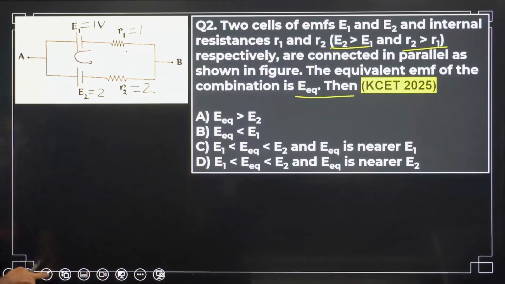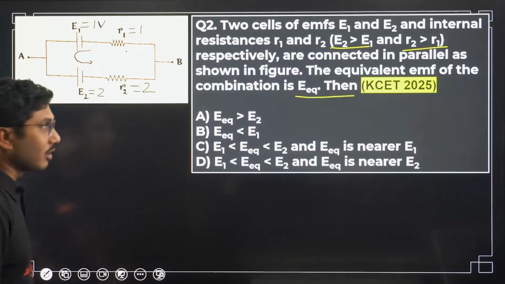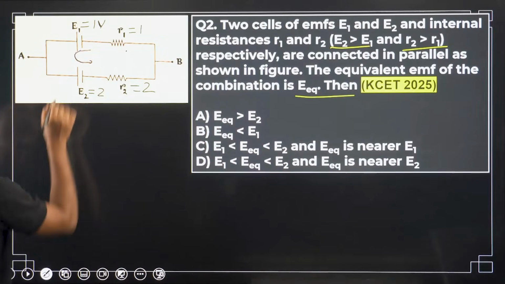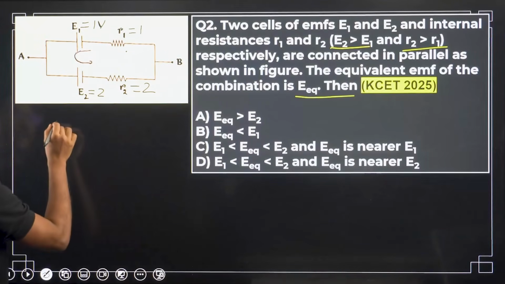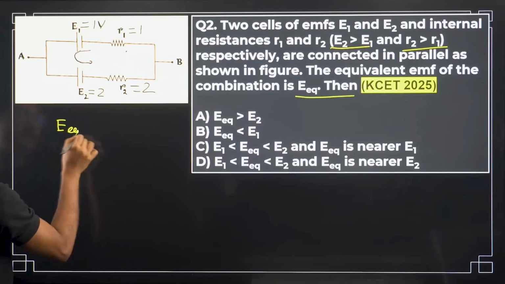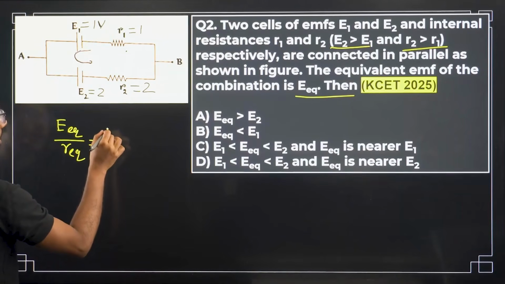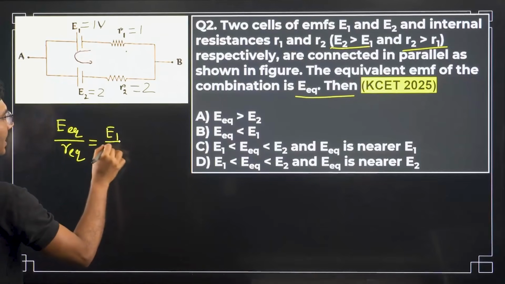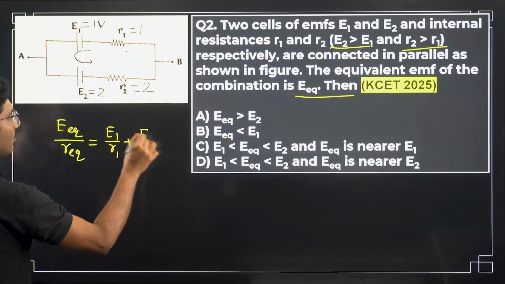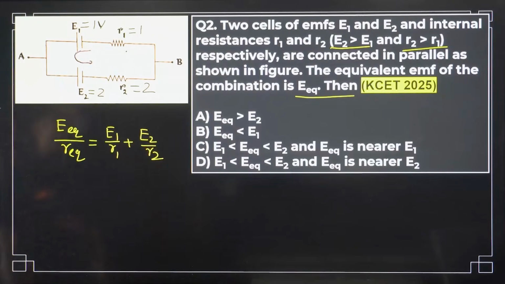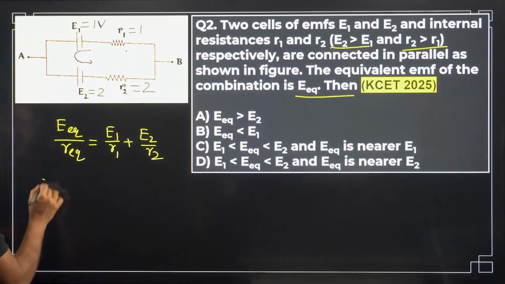So before discussing the options, let me solve, because they asked you about the equivalent EMF. Now we know that for parallel combination of cells, equivalent EMF divided by equivalent resistance equals E1 by R1 plus E2 by R2. This is the easiest formula I told you to remember, right? Now what is Req over here?